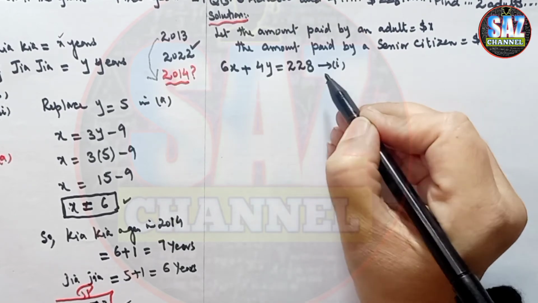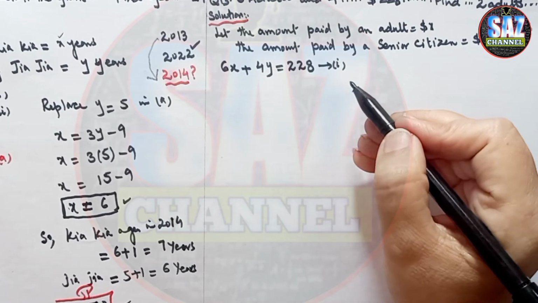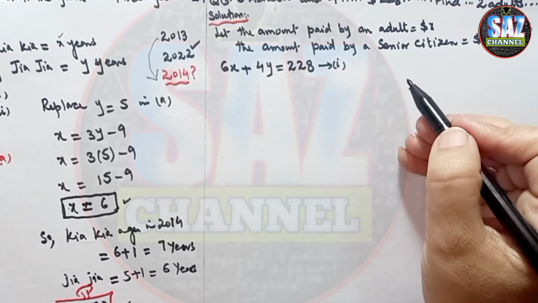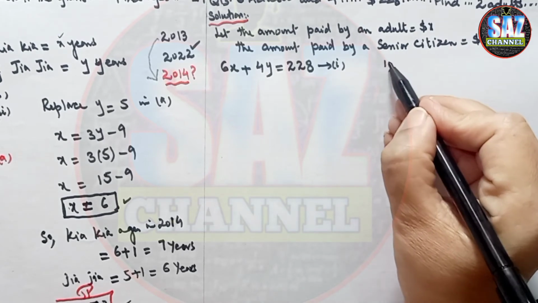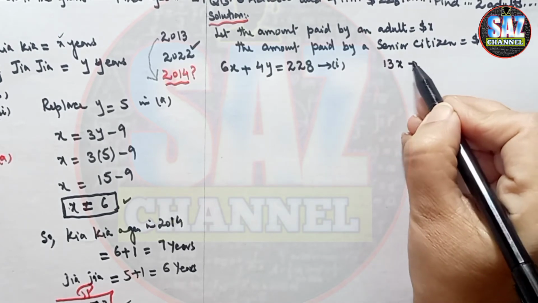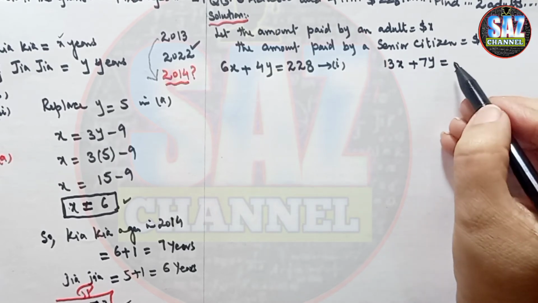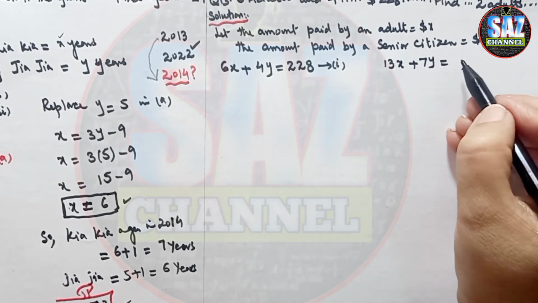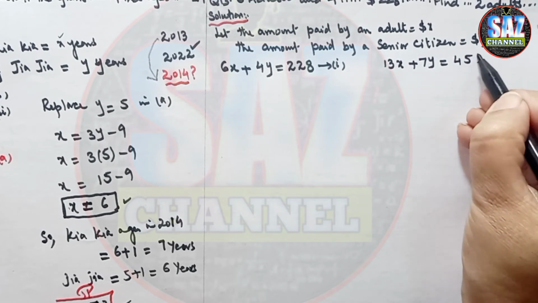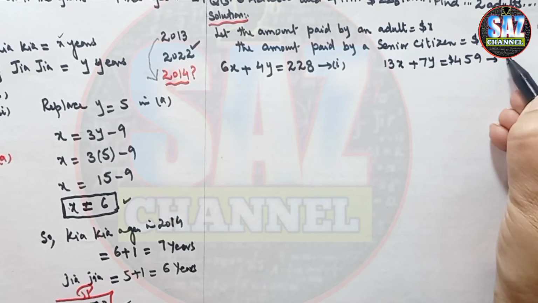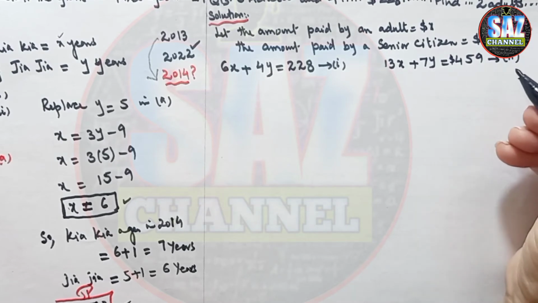The second equation: the question says 13 adults and 7 senior citizens, so the second equation will be 13x plus 7y. They all together have to pay $459. I hope you are clear about how we are framing the given information in the form of mathematical equations and statements.